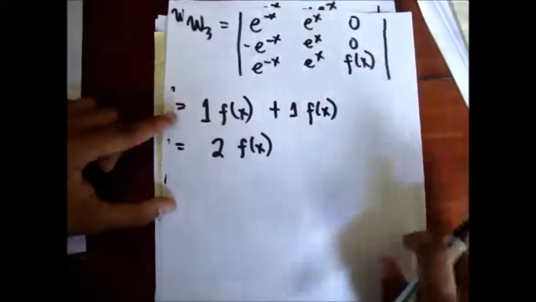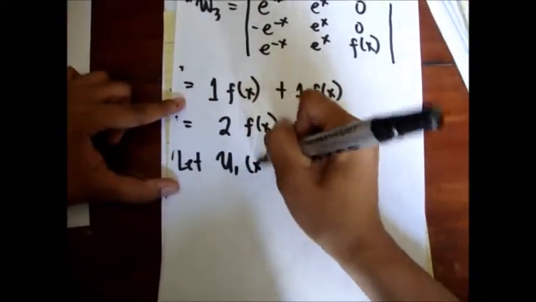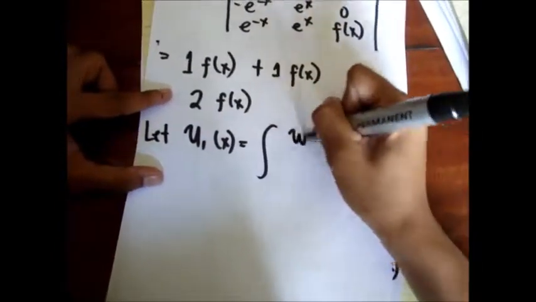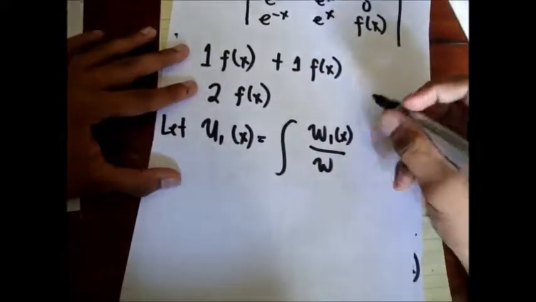Then next, we let u1 of x equal the integral of our W1 of x over the W that we got earlier, dx.